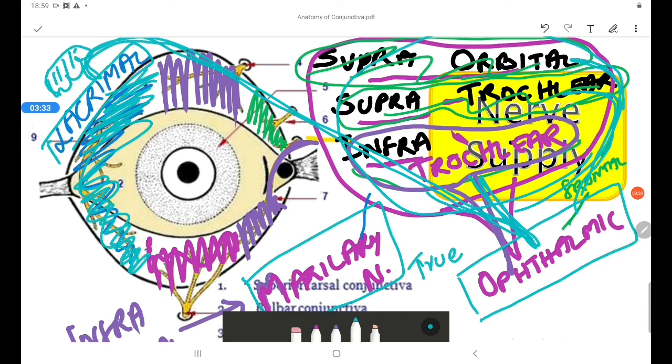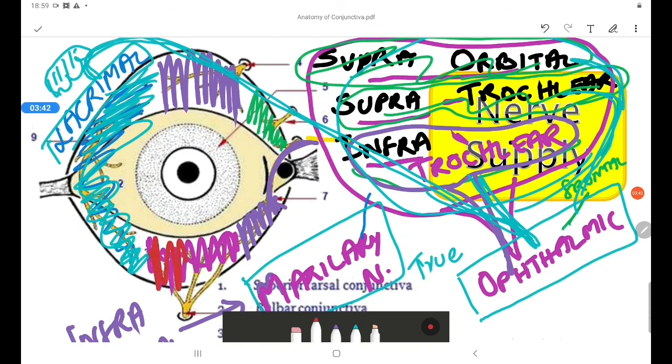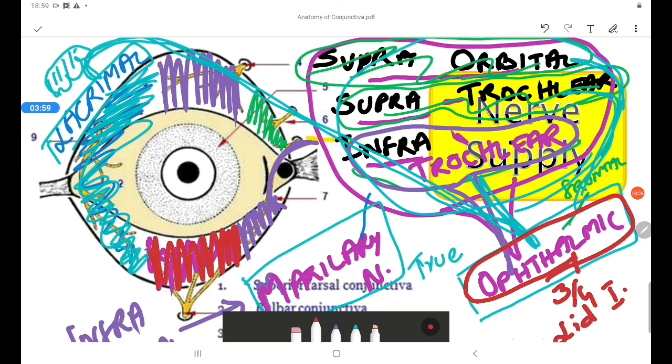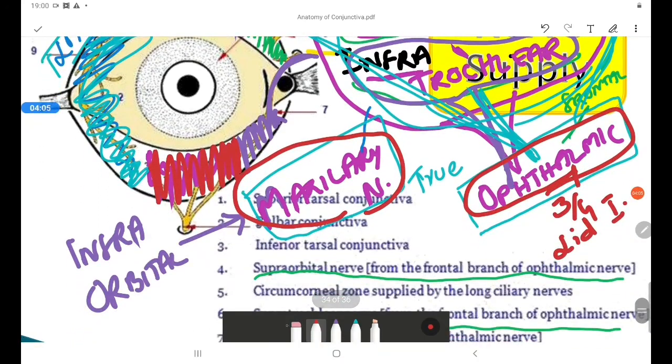Only the inferior lid's central area is taken care of by the maxillary nerve. So we can say that around three-quarters or more of the lid innervation is by the ophthalmic nerve itself. There is a little contribution by the maxillary nerve through the infraorbital nerve.